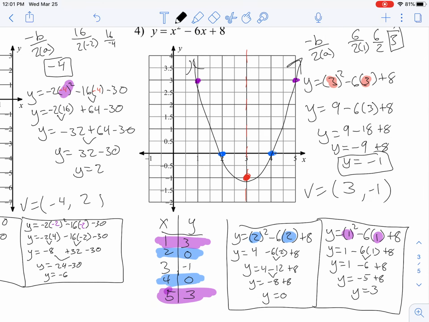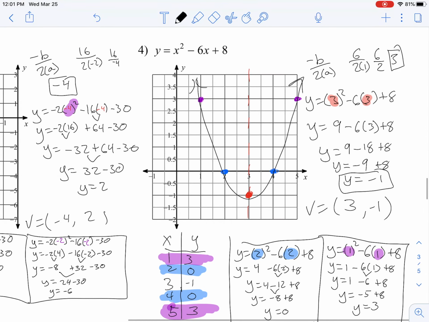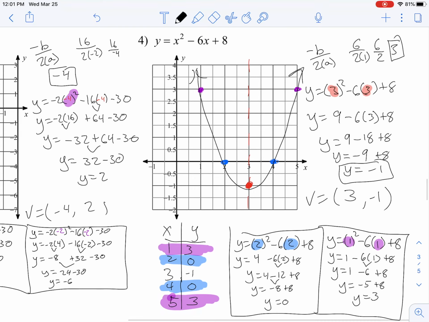So just a quick recap. In order to graph these using a table, we find the vertex first by using negative b over 2a and solving, getting our number and then plugging in and solving to get our vertex.